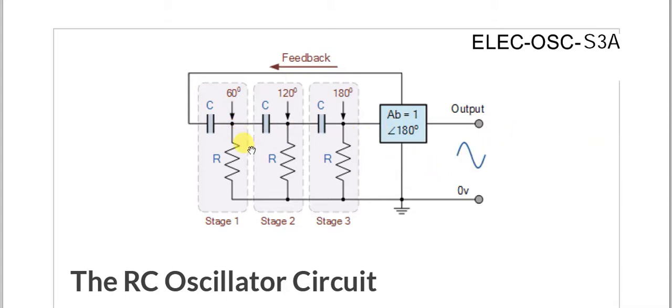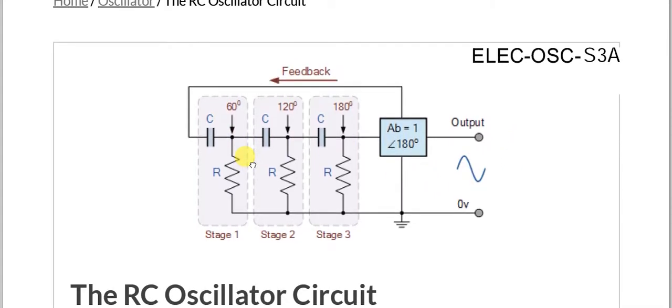The main feature of this RC phase shift circuit of the three cascaded stages is that they produce a total of 180-degree phase shift with suitably connected components, which is C and R. It produces 60-degree phase shift each, and 3 in total. 3 into 60 is 180 degrees.